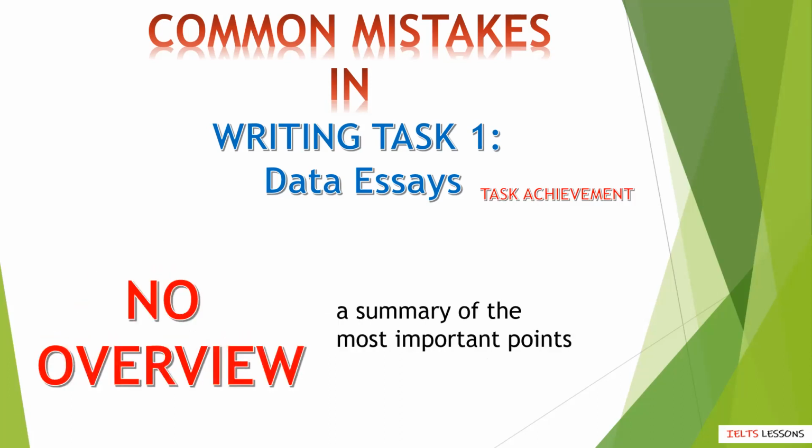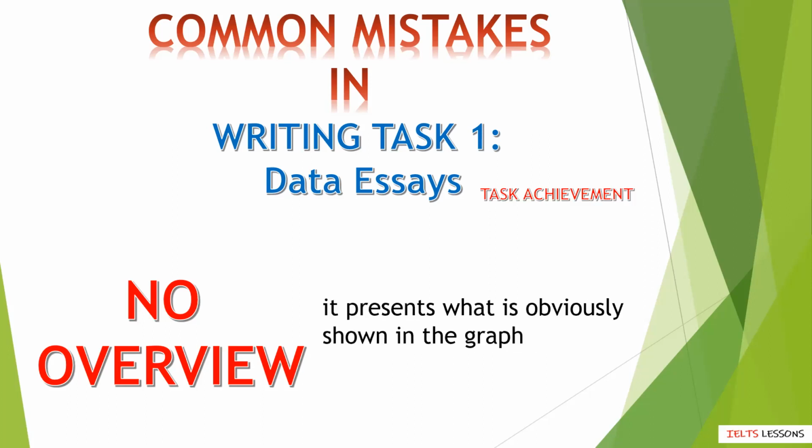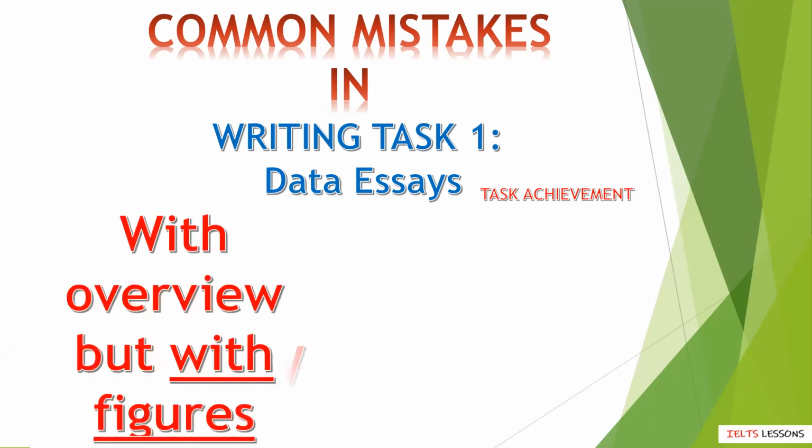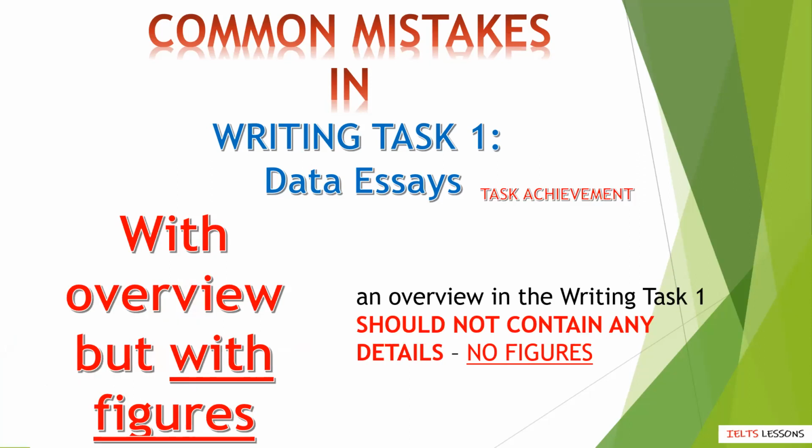Next, no overview. So some students don't write any overview. All right, so no overview, and then the next mistake is with the overview. So they have written an overview, however, it has figures.